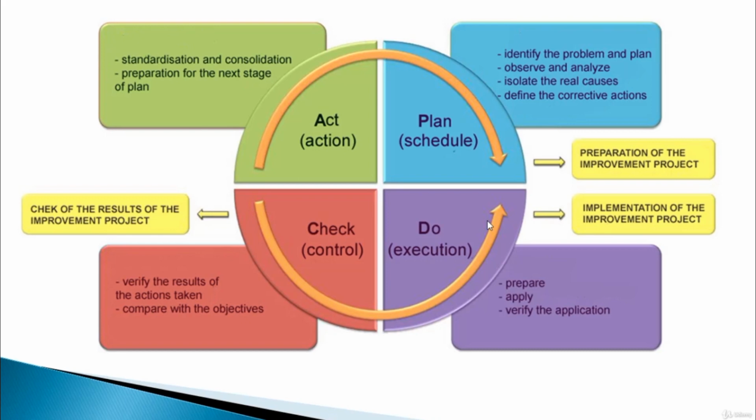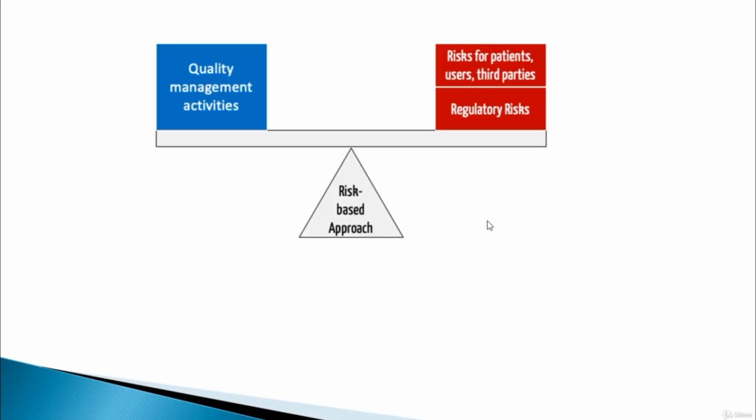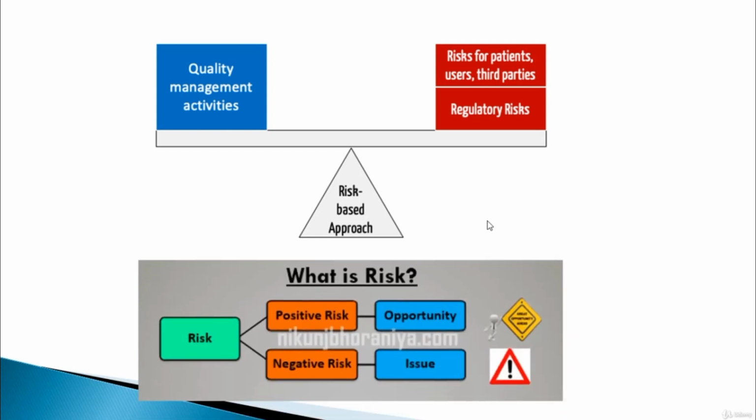Now, taking actions according to ISO 9001 requires risk-based thinking, and risk-based thinking is an extension of preventive action. It requires the organization to determine risks to processes and, of course, to the quality management activities. Now, the thing with risk is that there could be positive risk or negative risk.